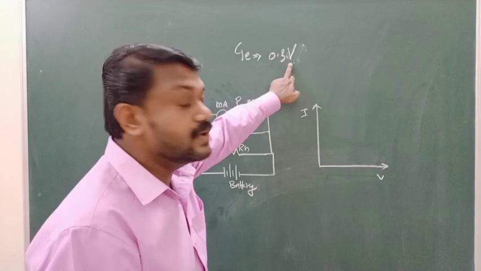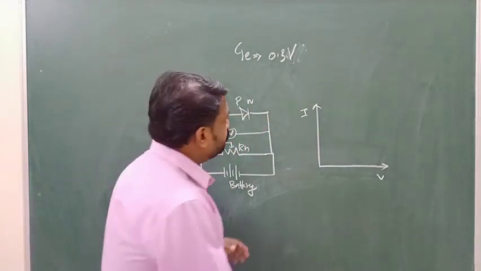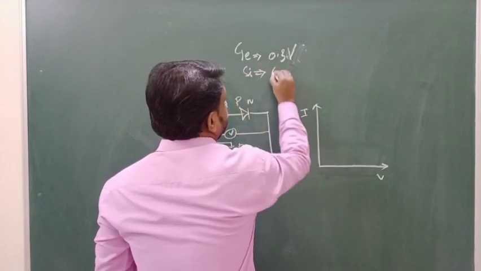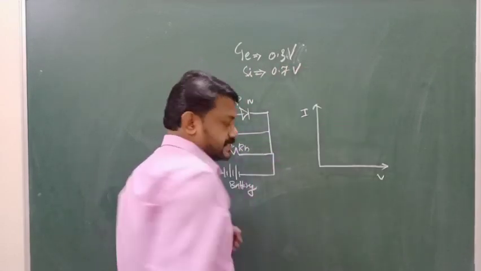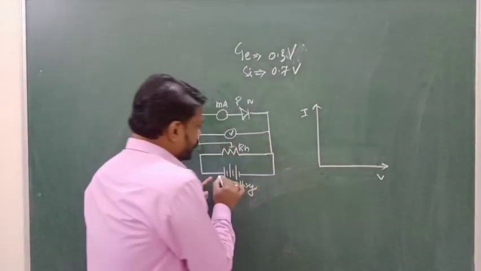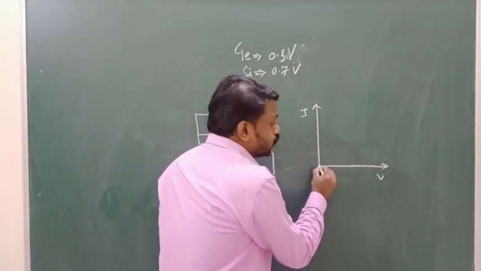So 0.3 volt is the barrier potential. Suppose you take a silicon crystal, a silicon diode, then 0.7 volt is the barrier potential. So when you are slowly increasing the biasing potential, you can find initially there is no current.